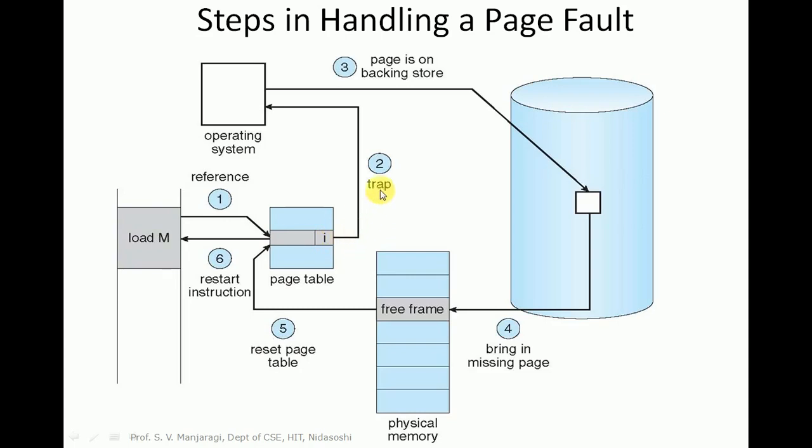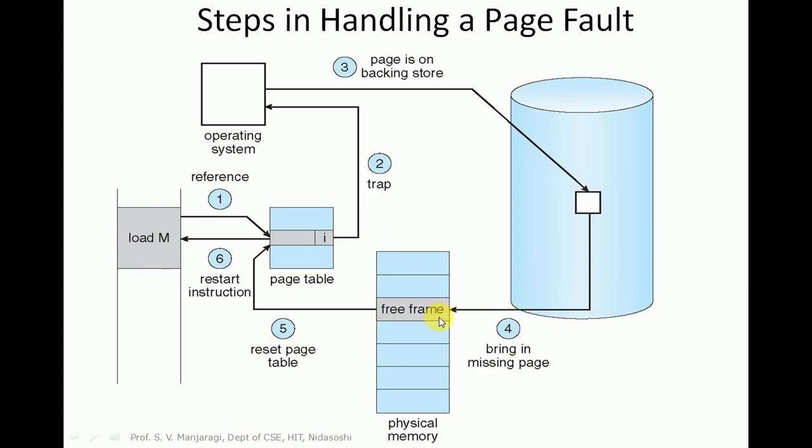Then we trap to the operating system, and temporarily the execution of that process is suspended, because that page is not there in the memory and we are supposed to bring that page from disk to the memory. For that purpose, the operating system issues a read request to the disk, and the missing page is brought from the backing storage, that is the disk.